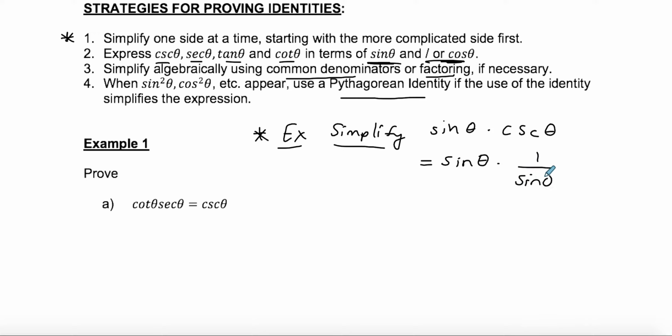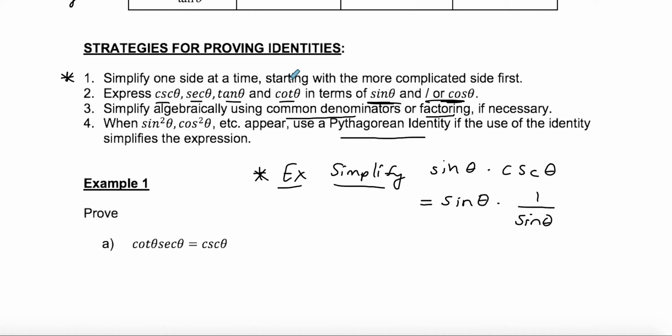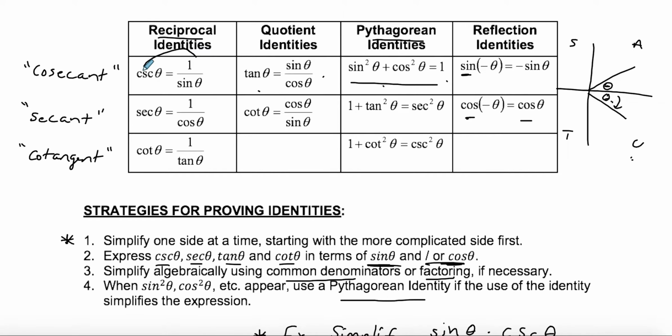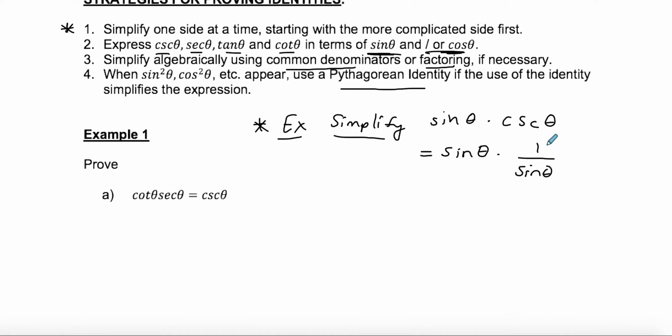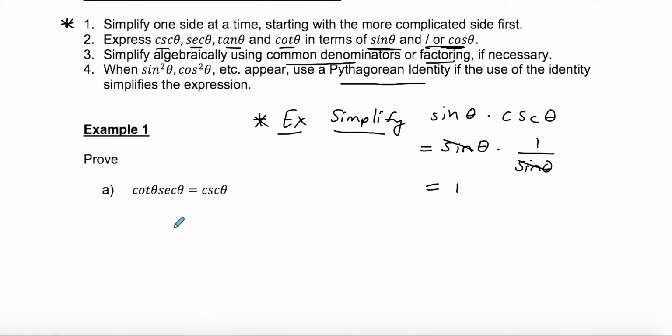From our identity chart up above, cosecant is here. So I might write cosecant theta as 1 over sine theta. And what happens then is that these would cancel and I actually just get 1. So I have simplified. I'm not trying to prove the left side equals the right side because there is no left side and right side. I'm just trying to simplify as much as I can.